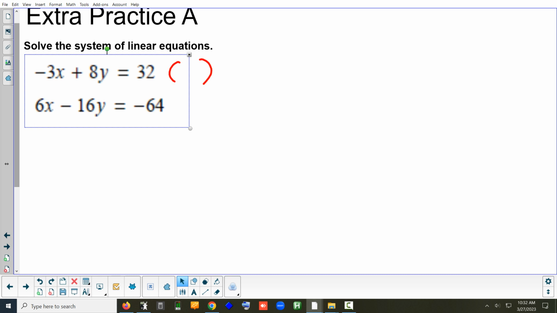If we can, tell me the number that I would have to multiply by to change -3 to the opposite of 6. Yep. 2. So let's put a 2. Don't worry about what's going to happen to everything else. All we're focusing on is getting rid of the x's. If something else disappears at the same time, well, then we'll deal with it.